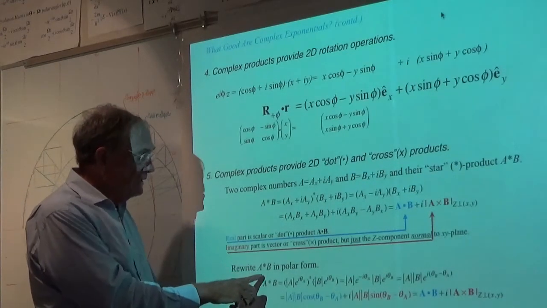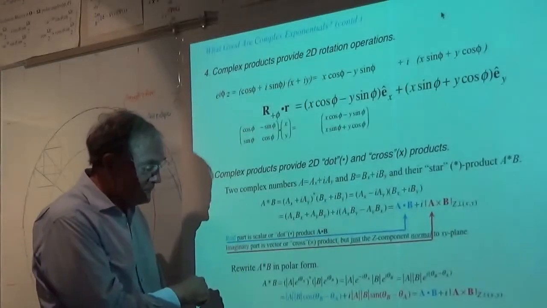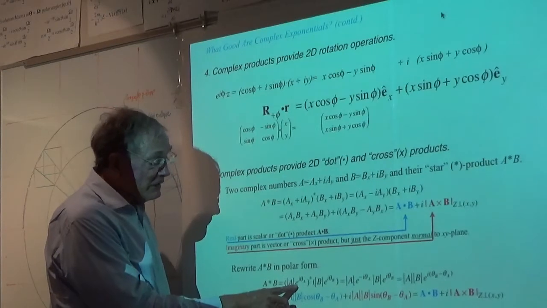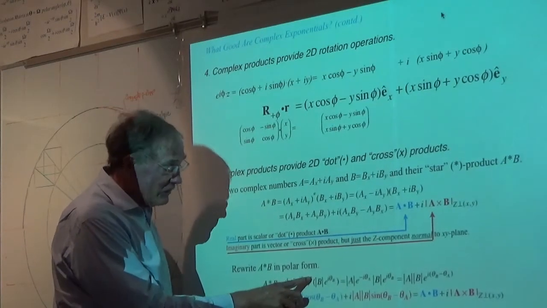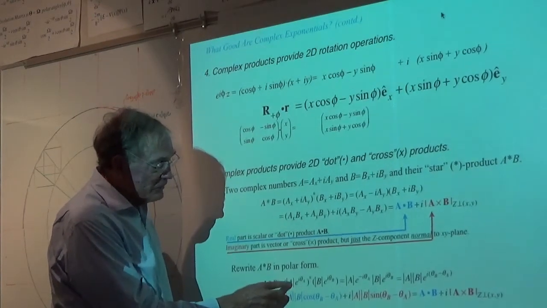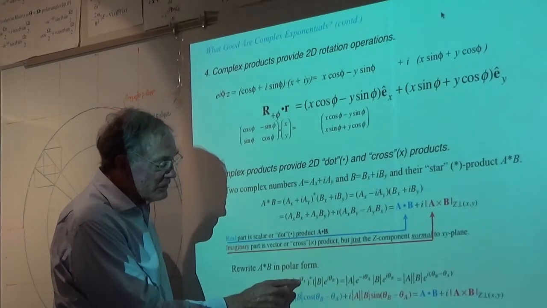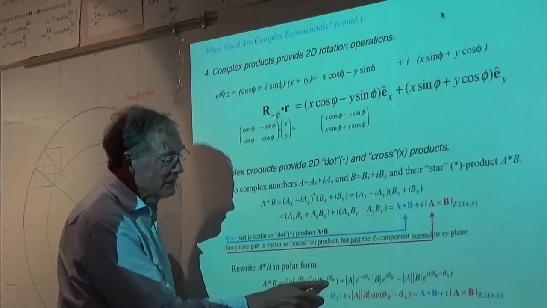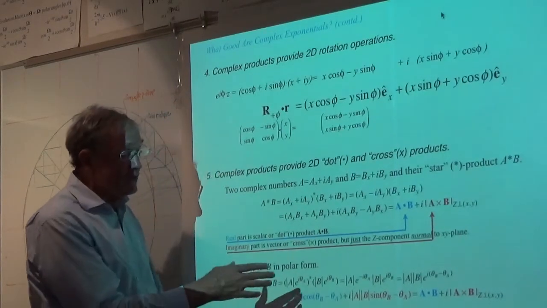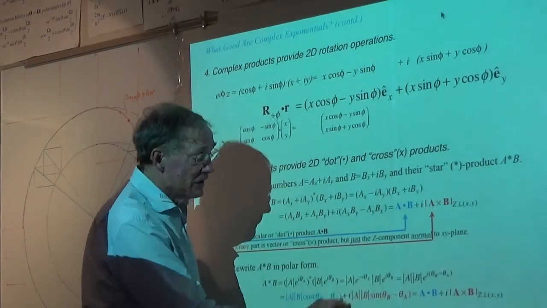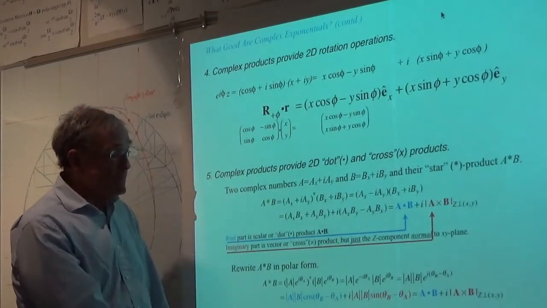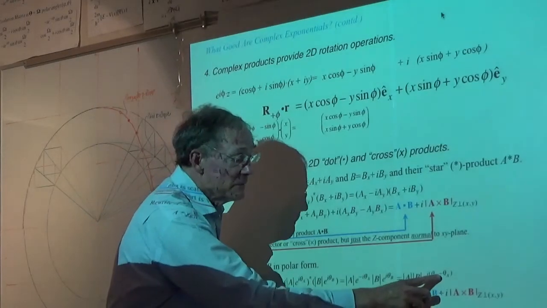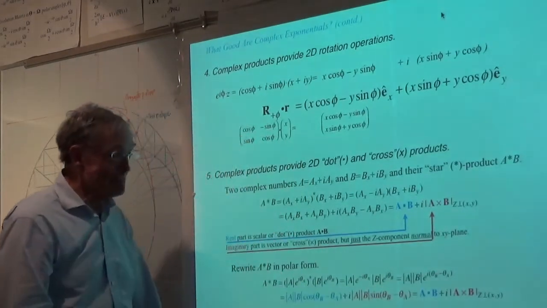Notice that if you write this in polar form, that is, if you write A star B as A e to the i theta A star, well, this is real, so nothing's going to happen with the star, but the star is going to change that to minus, so you get this thing. And then you have B e to the i theta B, that's what B is, it's not starred, so it's just sitting there. And then we put those together as e to the i theta B minus theta A. Okay?